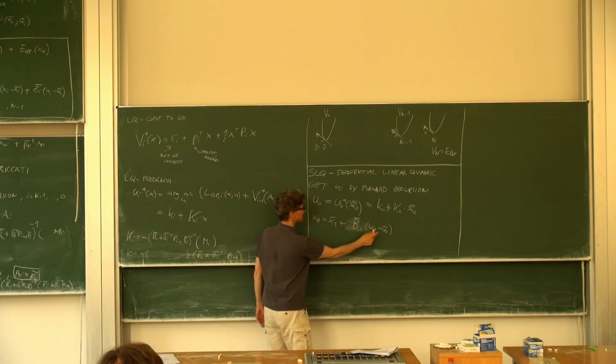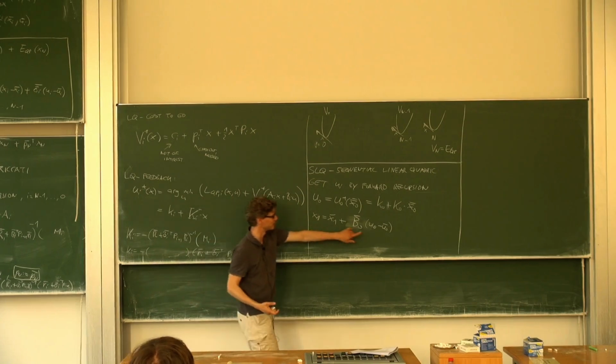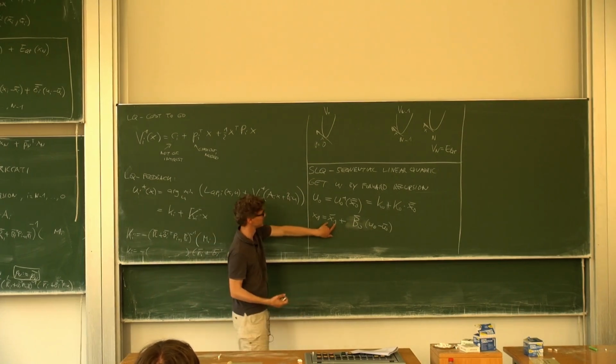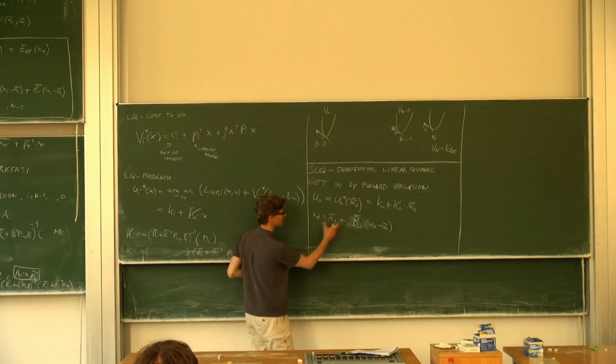Now this control might be different than the previous control, so I get a slight change in my state trajectory. If there were no change in u, there would also be no change in x_i bar, the linearization point, but because there is, I will get a change.